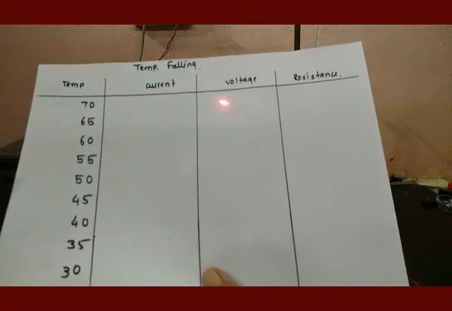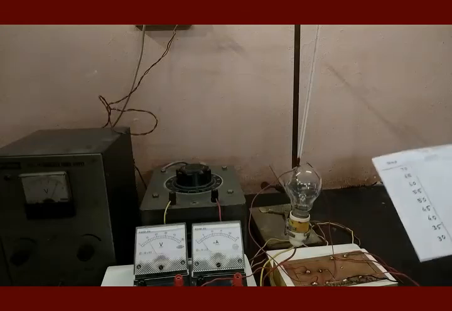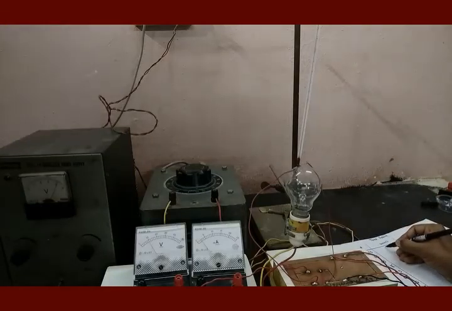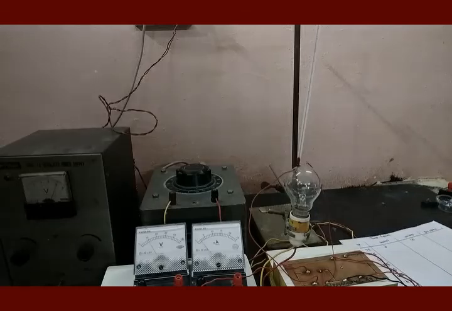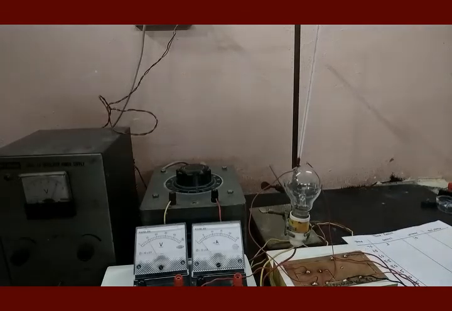The first reading will be the same. The current will be 3 milliampere and voltage will be 10 volt. The temperature is at 70 degrees Celsius. Let it come to 65 degrees Celsius. It is coming down.